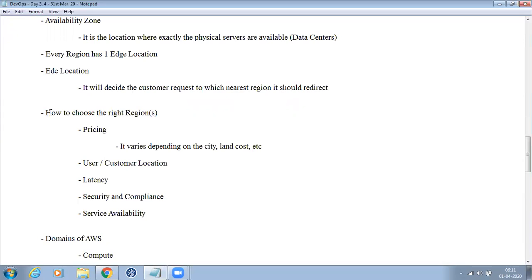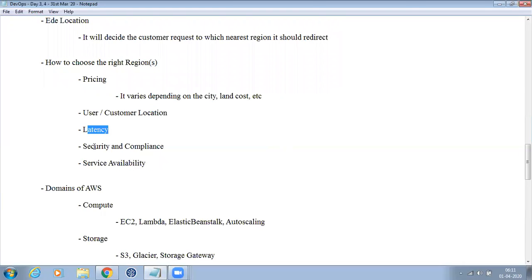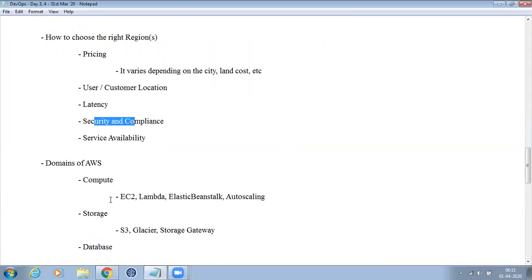Next, we also try to understand how to choose a region. Yesterday we had a discussion. It depends on various factors like pricing, user or customer location, latency, security and compliance, and service availability. All these are very important and critical factors in choosing a region. Out of many regions, we can choose one based on these factors.